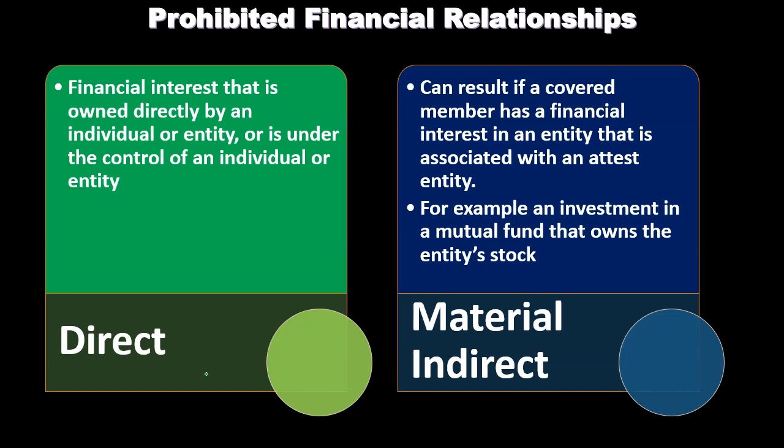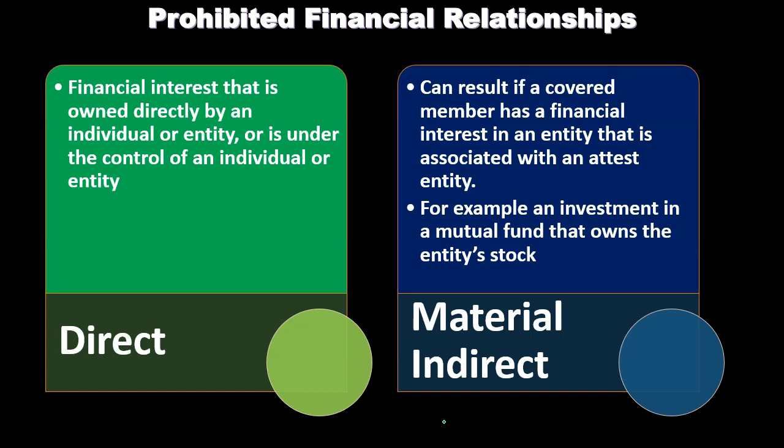So you can think of that as a problem with independence. But what about the fact that a lot of times these days you've got mutual funds? It could be the case that you put money into a mutual fund, and if you're investing in large mutual funds, and you're auditing a big company, it may just be part of the mutual fund. So then you have this indirect type, an indirect interest.